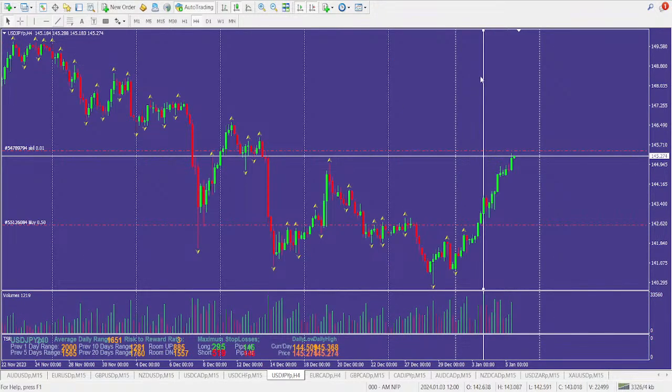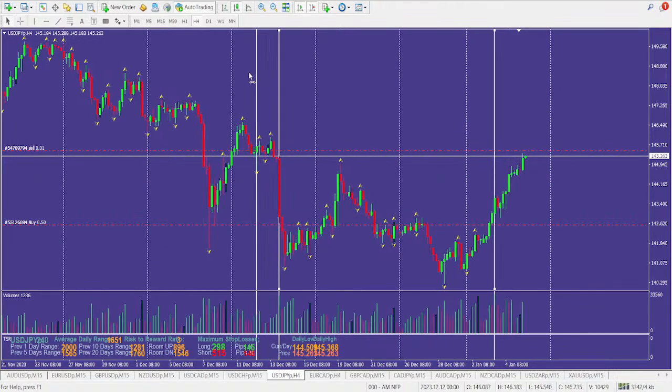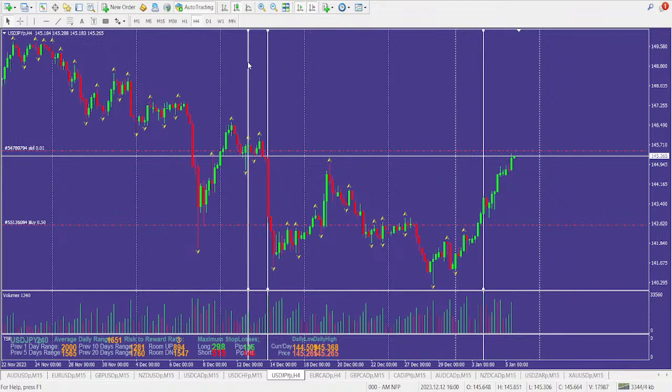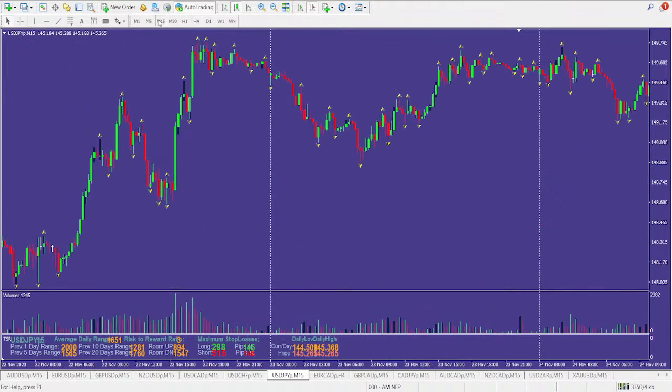And then if we look at supply, we've got a potential level over here, December 14. Then another level over there, December 12th, USDJPY. So M15.